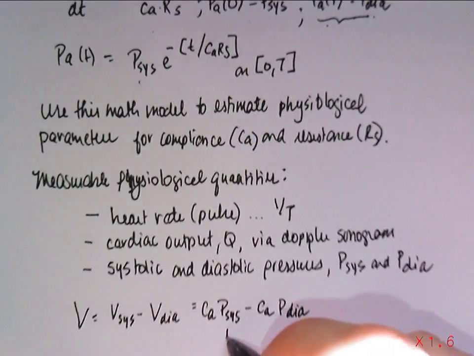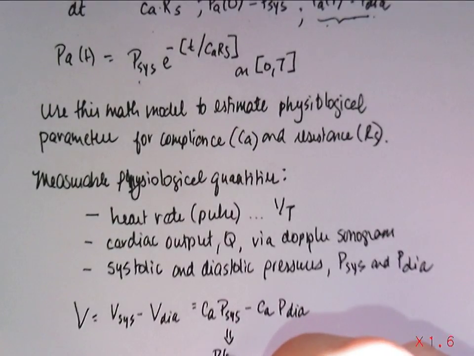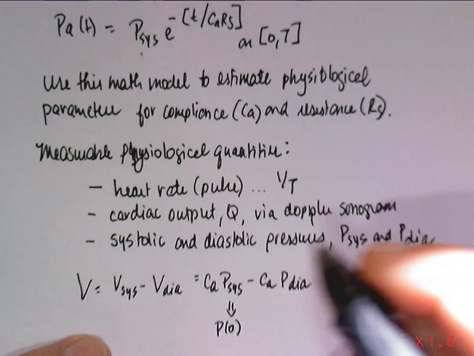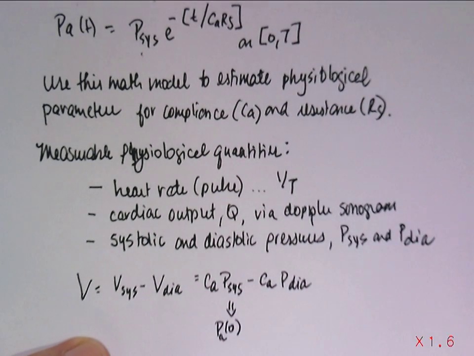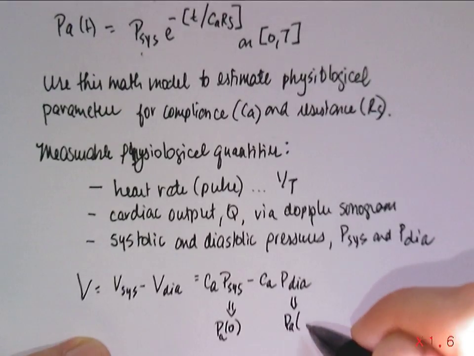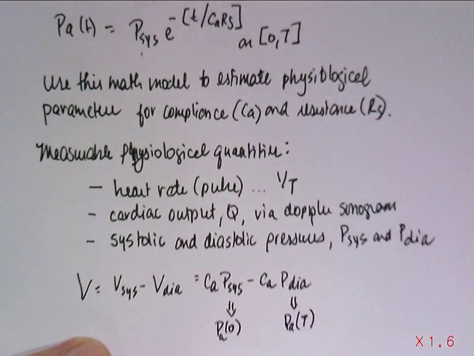And to keep in mind, this is the same thing from our model of our arterial pressure at T0, P_A of 0, and this one is the same thing as if we're looking at the end of the heartbeat at P_A of T.